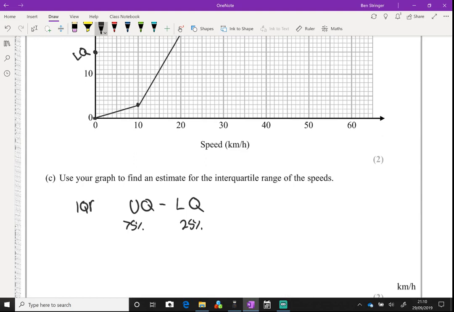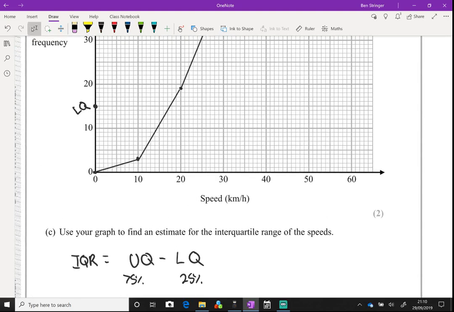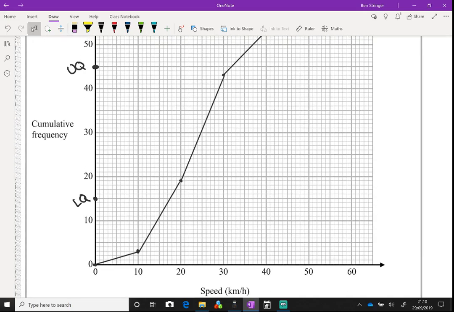Interquartile range just shows you where 50% of your data lies. 75% take away 25%, 50% of your data can be a useful value. So if I go along here, I hit this point, go along here, I hit this point, drop this down to there, drop this down to here, 32, call that 18, 32 subtract 18.